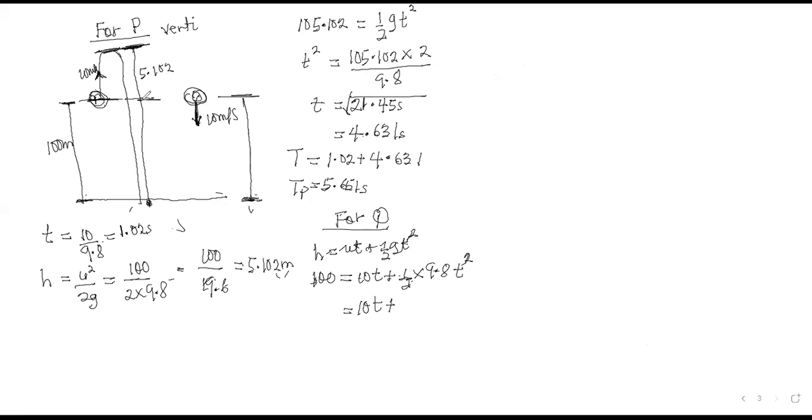The maximum height is 5.102. So if I'm looking for this distance from the maximum height to the ground, won't you add 5.102 to 100? Okay, sir. Yes. So that's why I added. Okay, sir. Thank you.